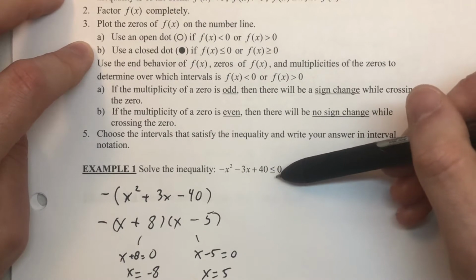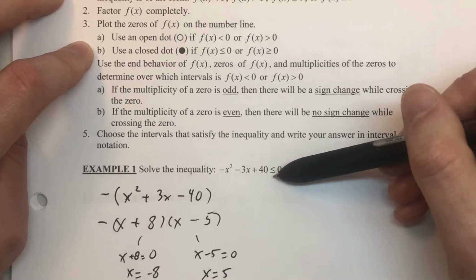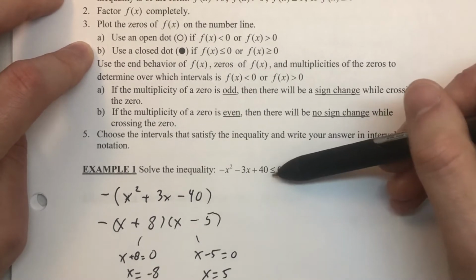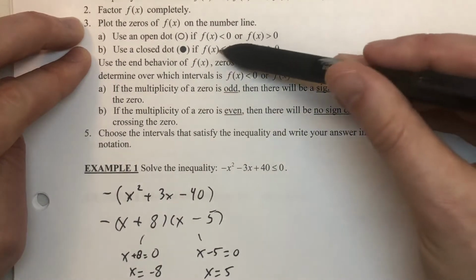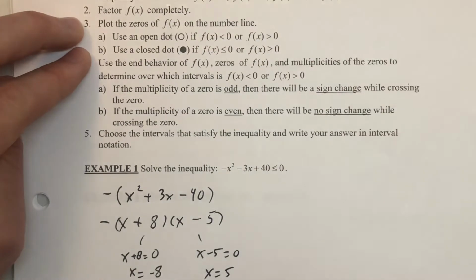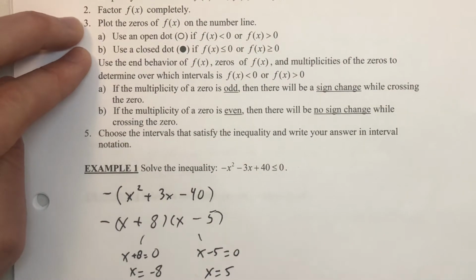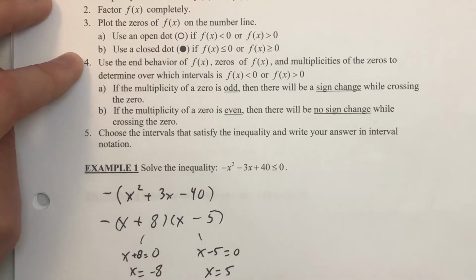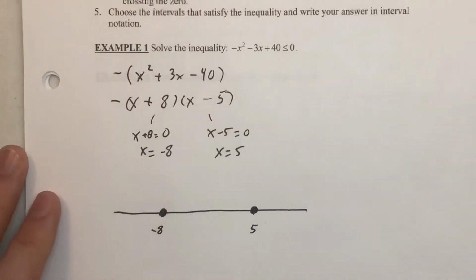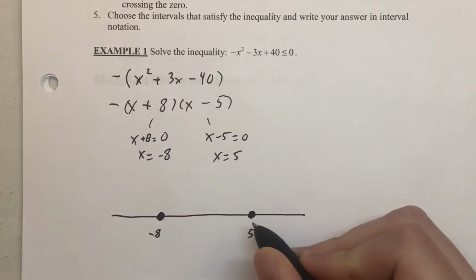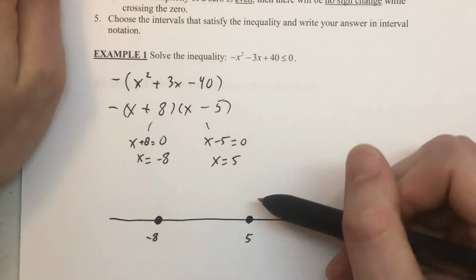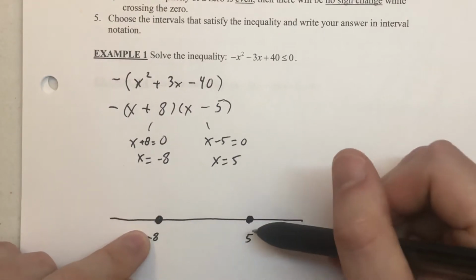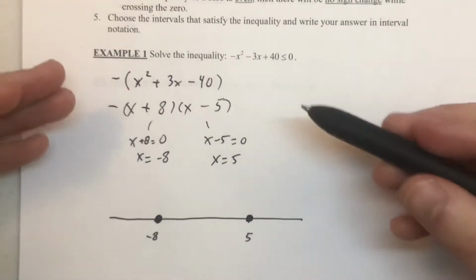So if you have an or equal to, that's allowing the points where the graph would have been on the x-axis to be part of your answer. So that's why here on 3b it mentions, if you're answering either of these inequalities with the or equal to, we're going to go ahead and put a filled in circle anywhere that we know there would have been a point on the x-axis. Filled in circles at negative 8 and positive 5, because again, we're working with this inequality. Now, from there, the thing we want to know is, where is our function? Is it above? Is it below?